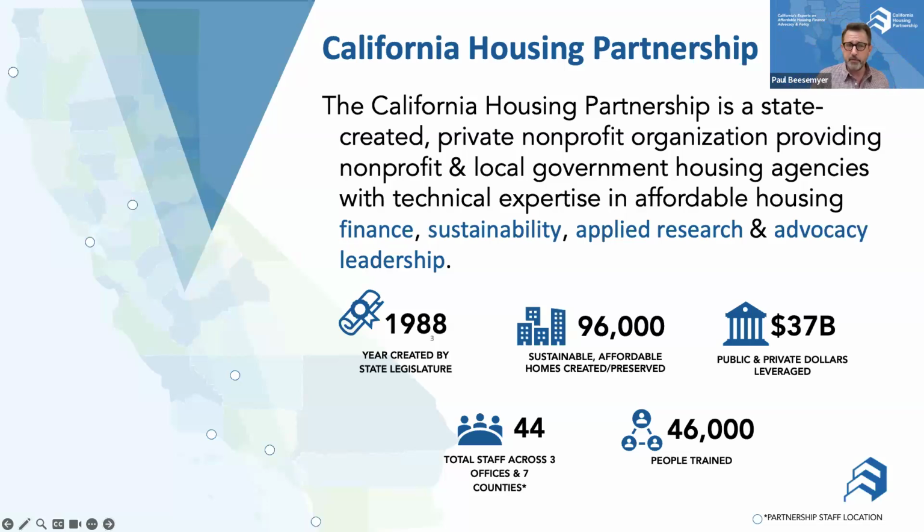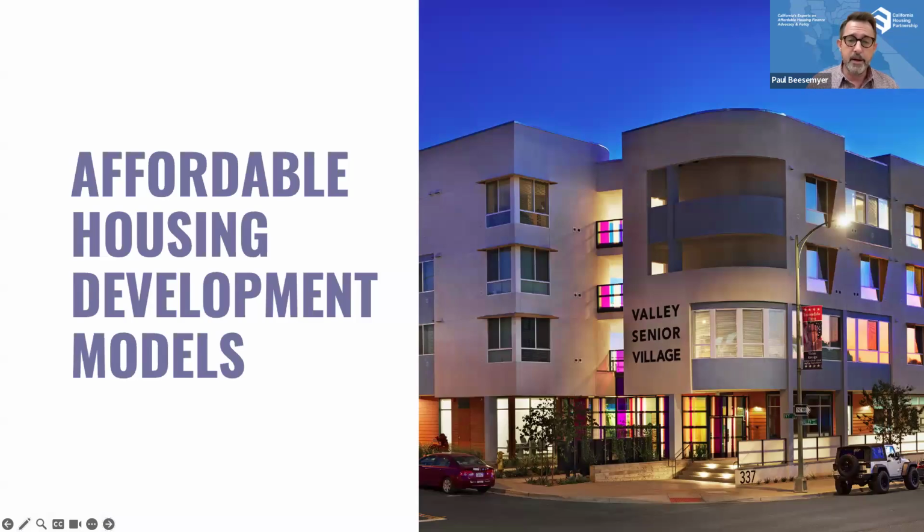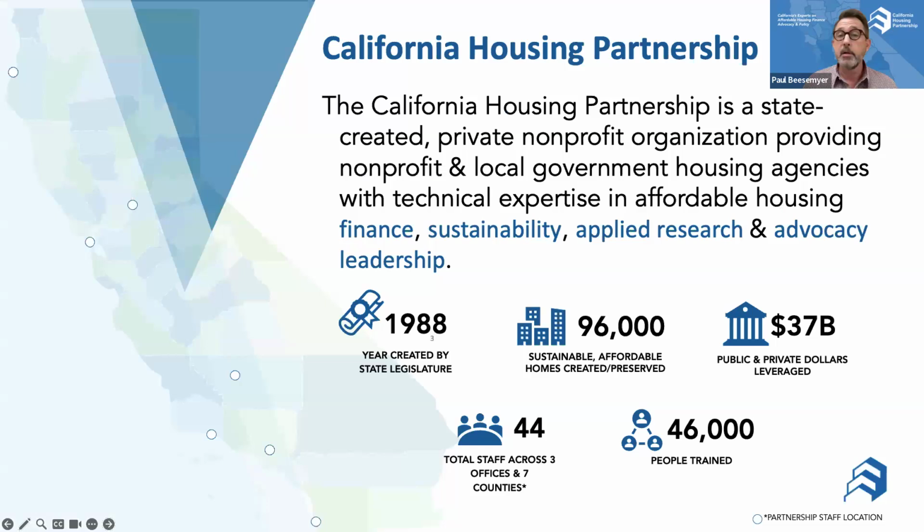And that work takes a bunch of different forms. Sharon and I are part of our financial consulting team, and we work with both nonprofit developers and local governments on affordable housing transactions, as well as policy and program design. We also have a whole team that works on applied research, and Sharon will touch on some of that later.